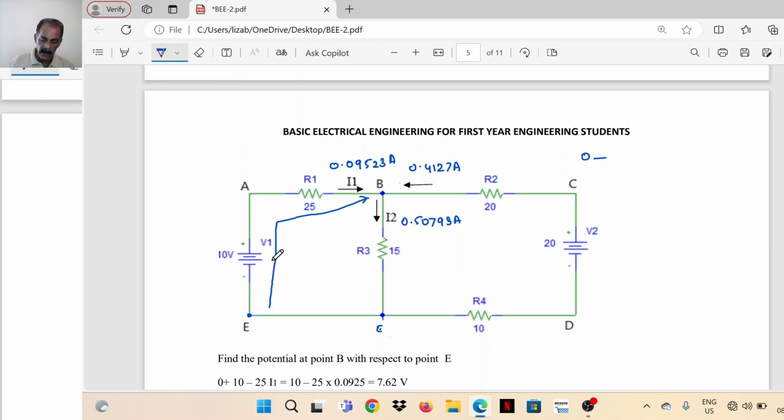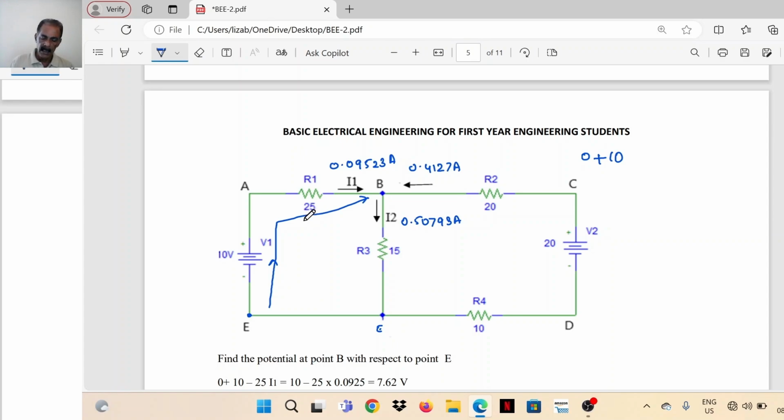Now this is the direction of the path which we have taken between E and B. In the direction of the path, it's a rise in potential because the path is oriented from negative to positive of the 10 volt battery, that is plus 10.